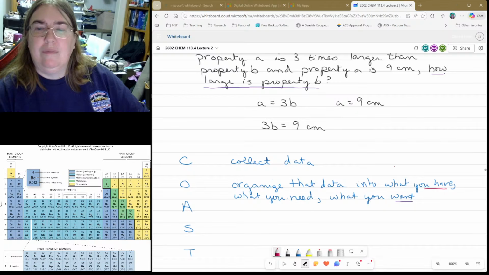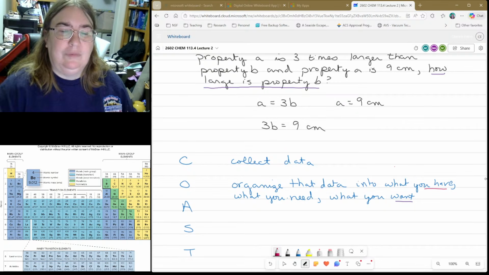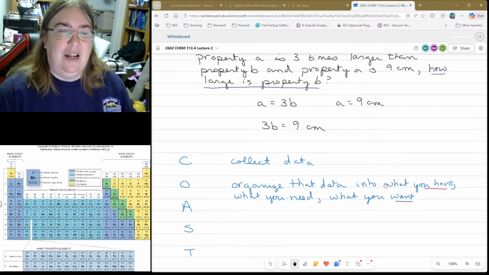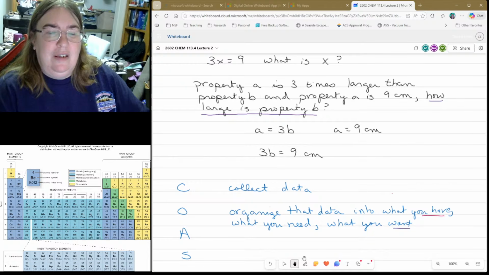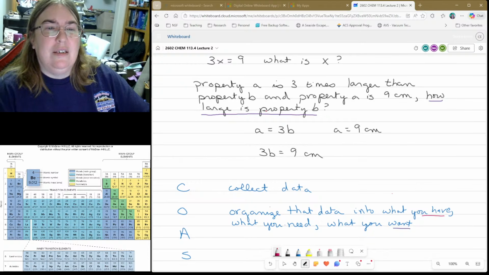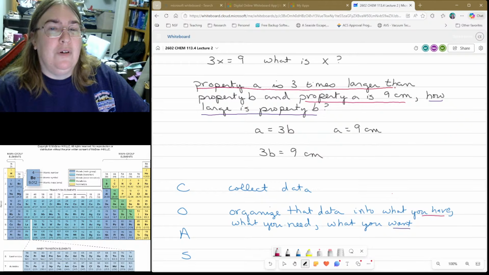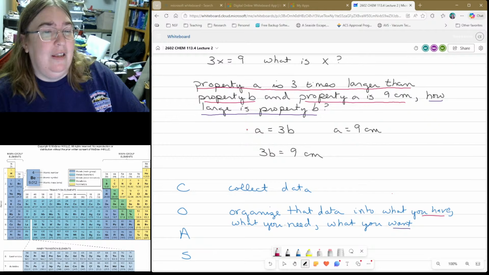What I have is that property A is 9 centimeters, and also that property A is 3 times larger than property B. Those are the two things that I have, i.e. this and this.